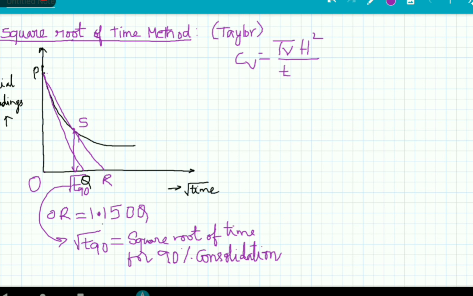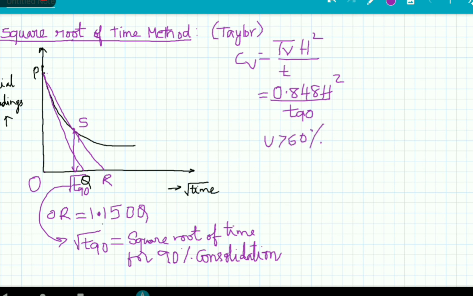From equation, coefficient of consolidation equal to time factor into h square by t, we get coefficient of consolidation as 0.848 into h square divided by t90.